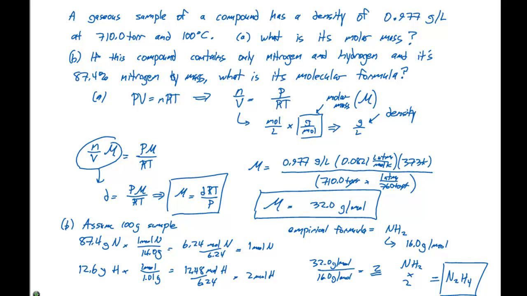We have that relationship, that the molar mass is equal to the density times R times T divided by P. We did that in the first half. Then we used what we already know about how to determine an empirical and a molecular formula to determine the exact identity of our gas containing nitrogen and hydrogen. And that's what we did in the last part to solve for B.